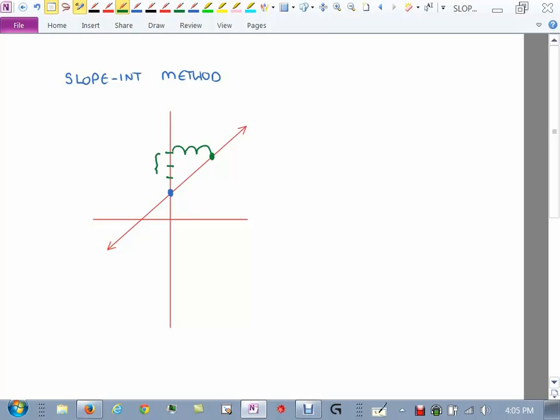How much we have to go up, we called the rise. How much we went over was called the run. Remember this? Rise over run. And it turns out that if you start with any linear equation and you solve for y, it'll turn into something that looks like this.